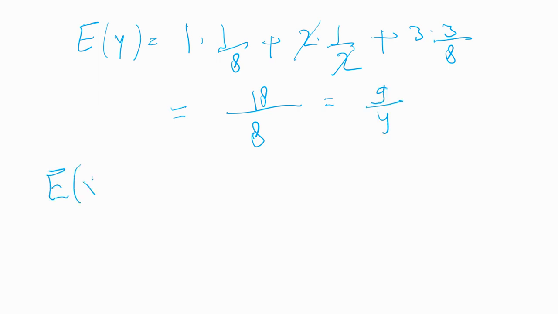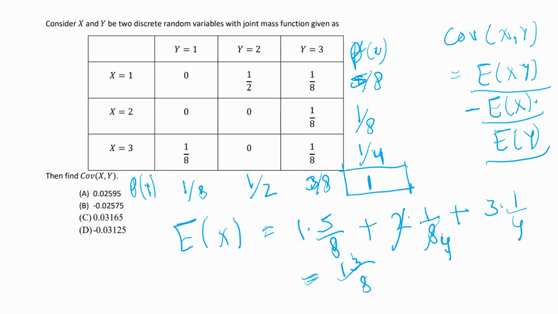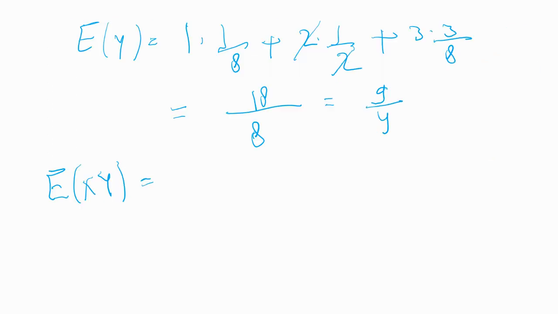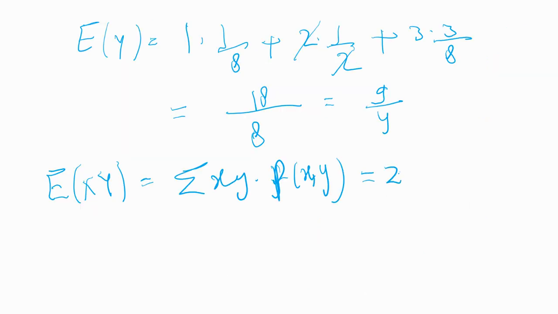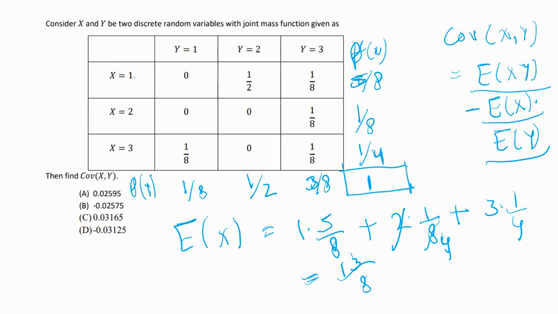Now expectation of xy. Expectation of xy, we find it as summation xy times fxy, or pxy. So xy firstly will have 1 and then 0. 1 into 2, 2 into 1 by 2. Then x and y, 1 times 3, 3 into 1 by 8.